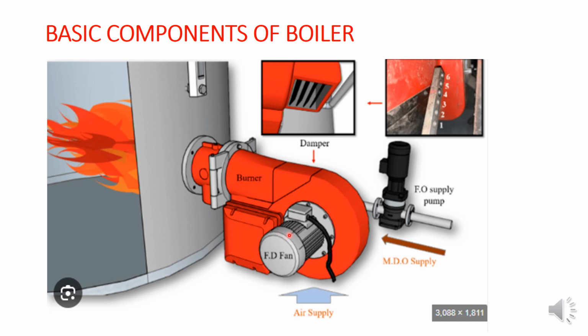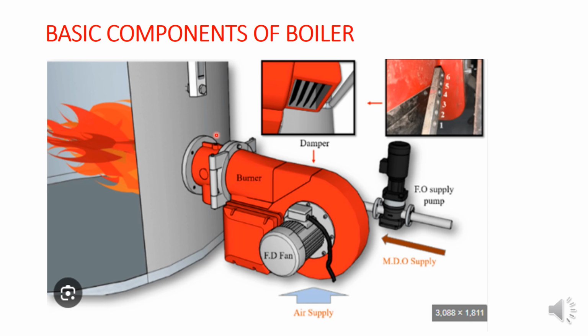Who supplies the oxygen? This is the FD fan, forced draft fan, in the burner. Who supplies the fuel? This is the fuel oil pump. And who supplies the ignition? There is a small ignition burner, this is called the pilot burner. That pilot burner will ignite the flame.